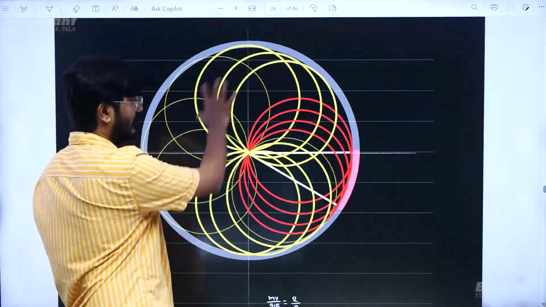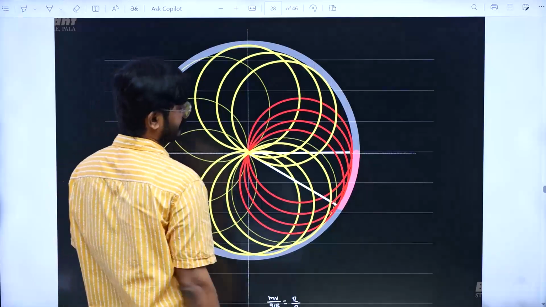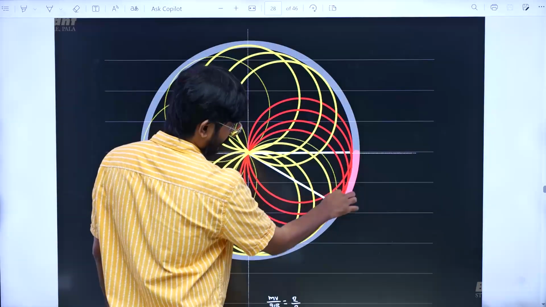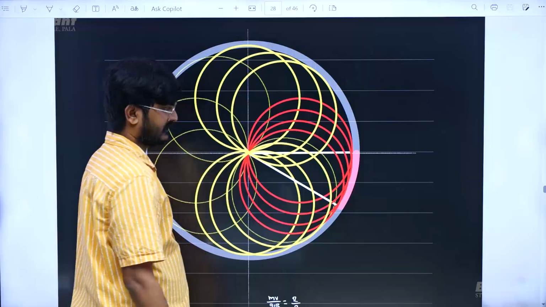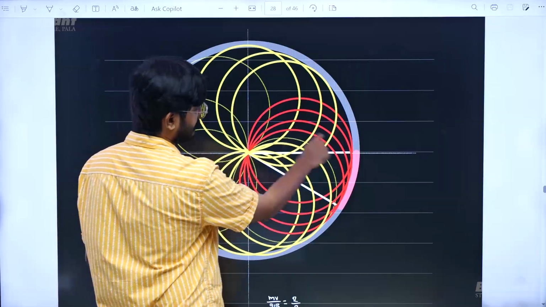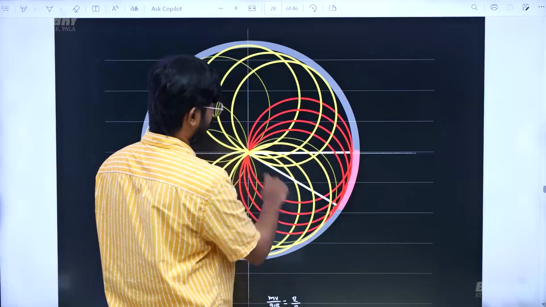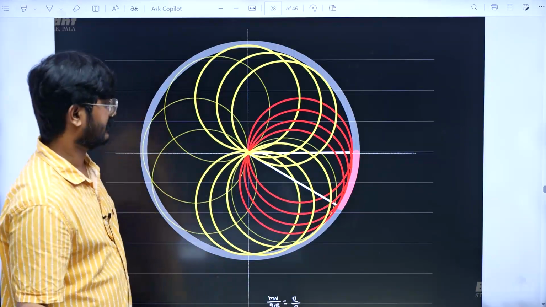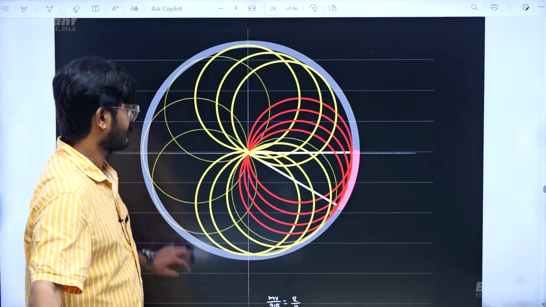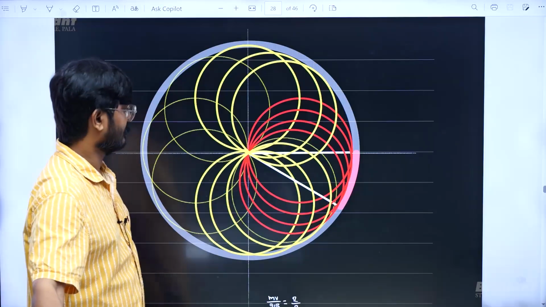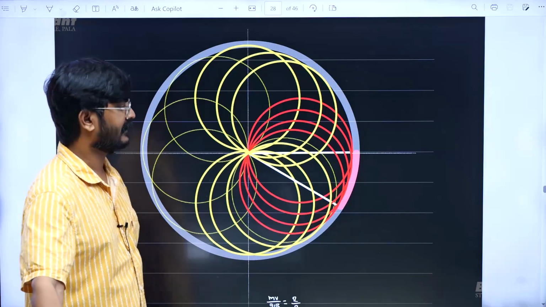Out of all these real ones, only some are going to hit here, if you notice. In fact, each one that is hitting is going to travel through an angle of 180 degrees, so the time taken will be the same. So all are going to hit at the same moment. So this is the least magnetic field.